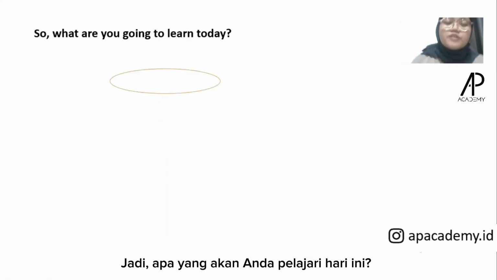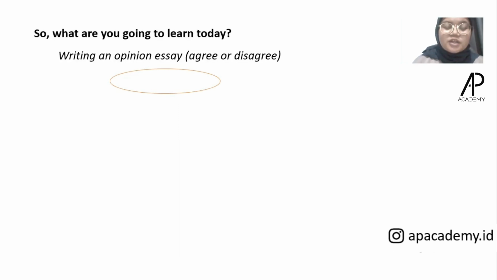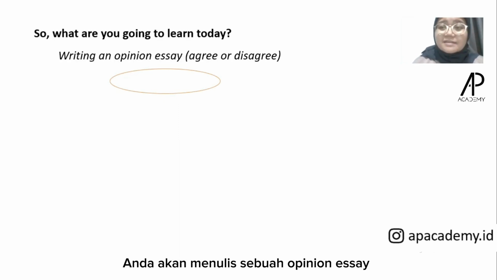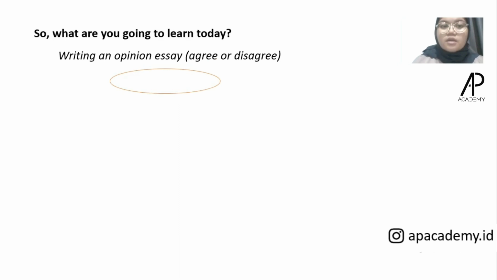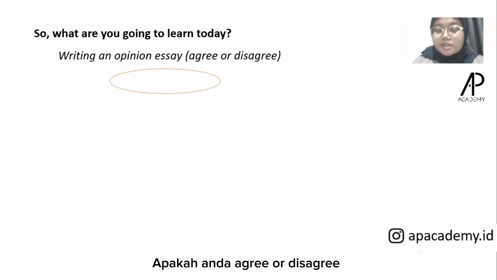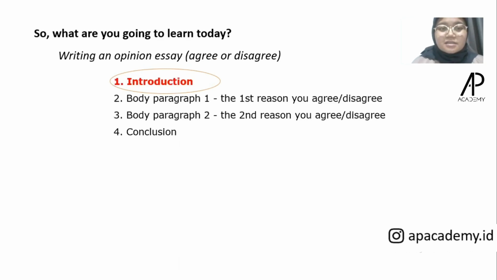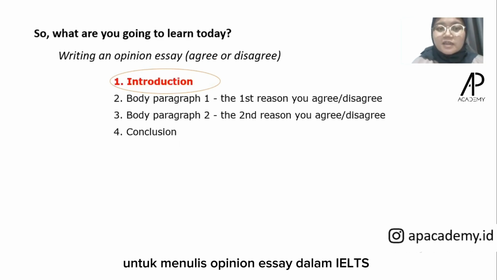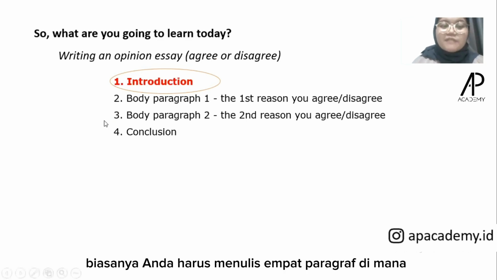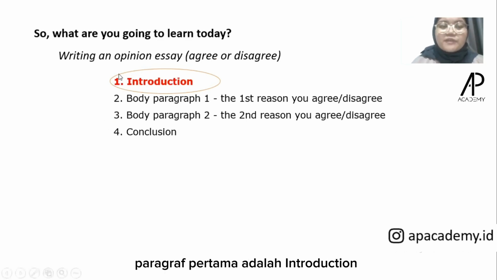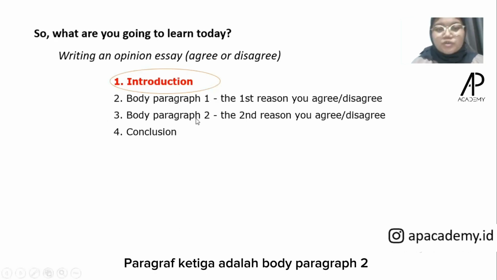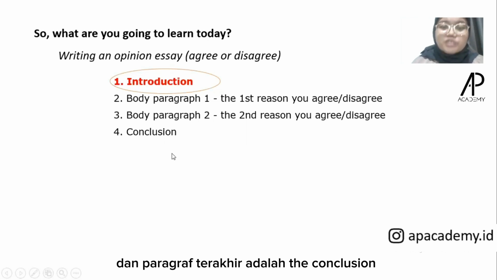So, what are you going to learn today? You are going to write an opinion essay, whether you agree or disagree towards an issue or the case. To write an opinion essay, in IELTS, usually you have to write 4 paragraphs, in which the first paragraph is the introduction, the second one is body paragraph 1, the third one is body paragraph 2, and the last paragraph is the conclusion.